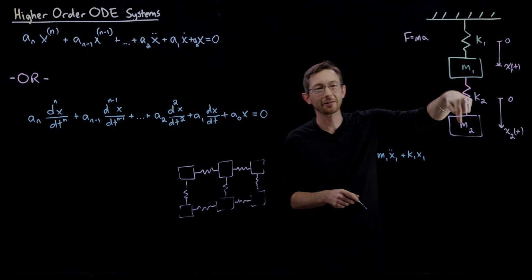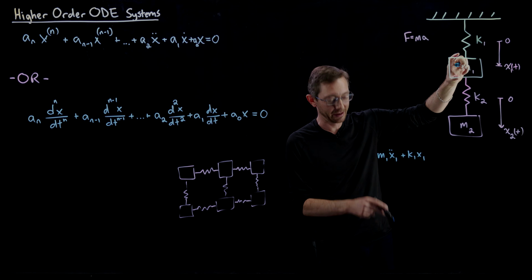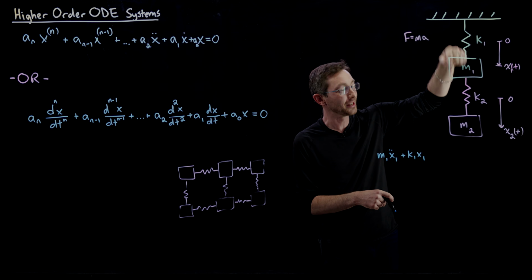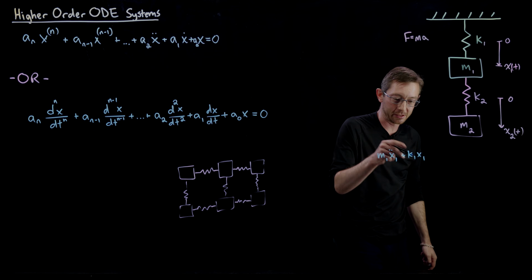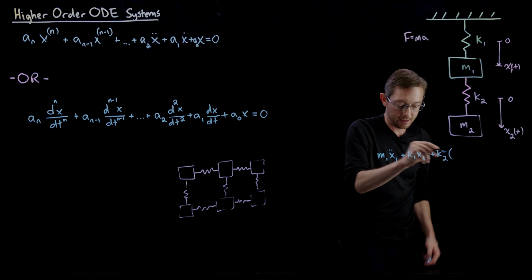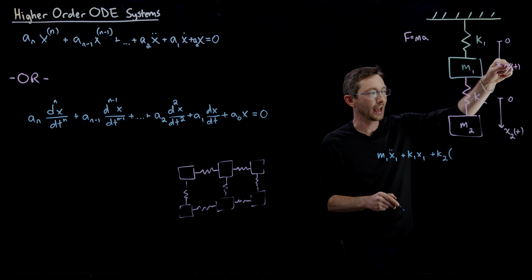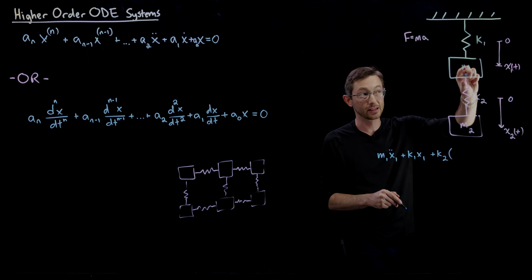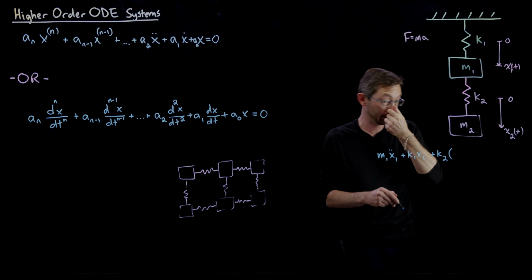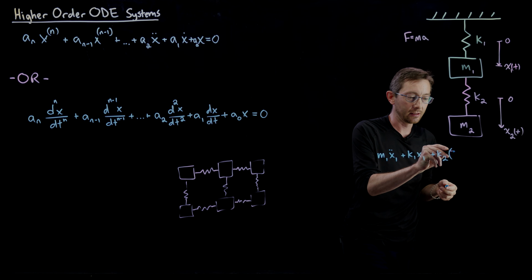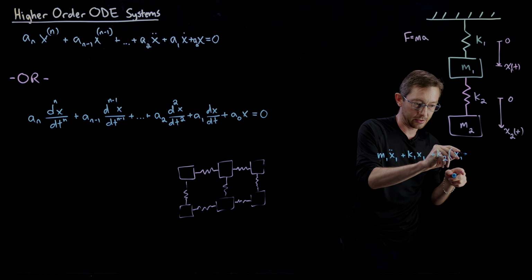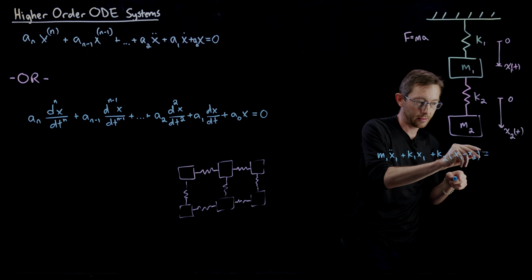This mass also has a force from this spring, so it also has plus k2 times (x1 minus x2). When this thing moves up or down, that creates an extension of this spring. So that's x1 minus x2, and that equals 0.